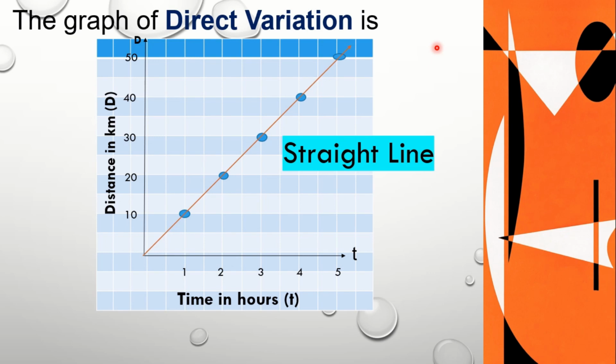Now, if we plot the following points in the graph, you can see that the graph of direct variation is a straight line. So we have here time in hours, t, as the value of x, distance in kilometers, d, as the value of y. So we have here the coordinates 1 and 10, 2 and 20, 3 and 30, 4 and 40, and 5 and 50.